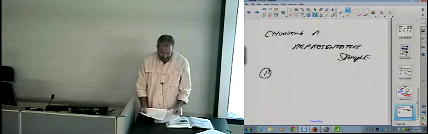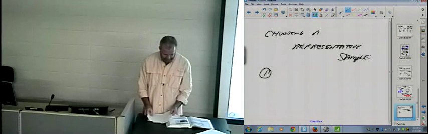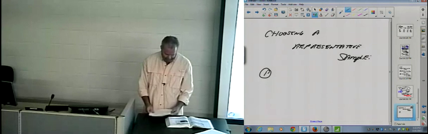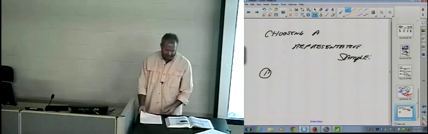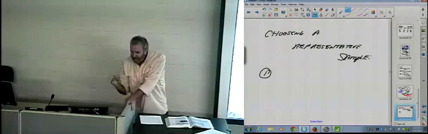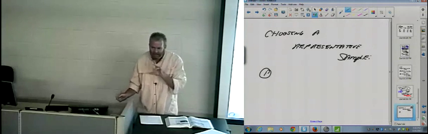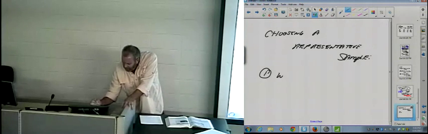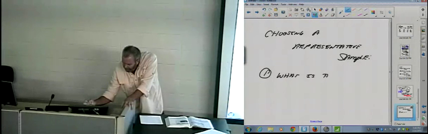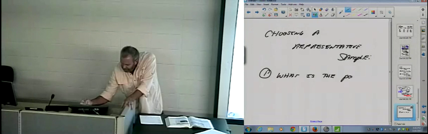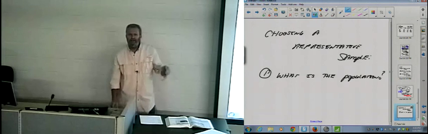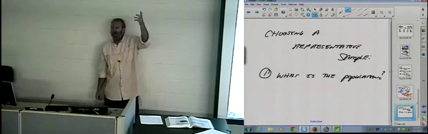Yeah, that might be. Okay? But my thought is this. The first thing, before you ever try to do this and attempt this, you need to know what is the population. Who are we looking at? Who are you trying to choose your sample from? What was the question about to start with?